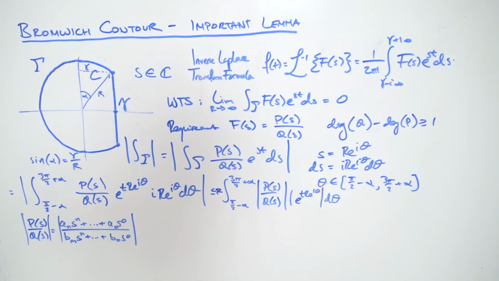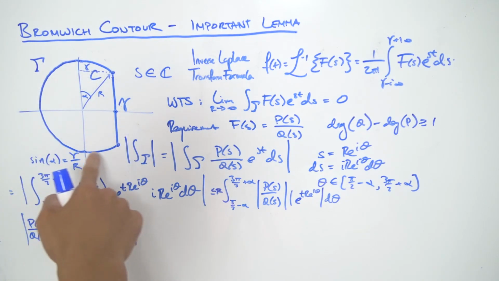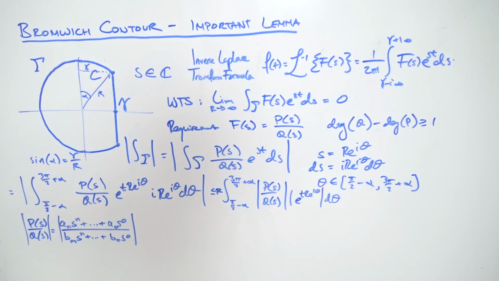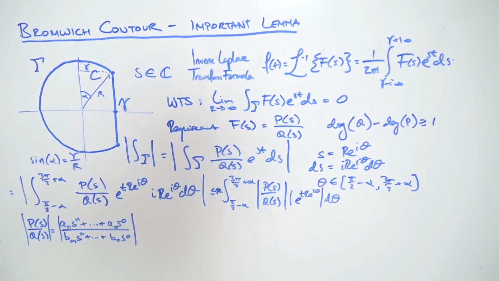All right, and what I want to do now is take a look at the behavior of s. And notice s, well, that's just all the points on this circle. It has a radius of r, or the modulus is r, and r is going to be very, very, very big. So the magnitude of all these complex numbers over here is going to be very big.